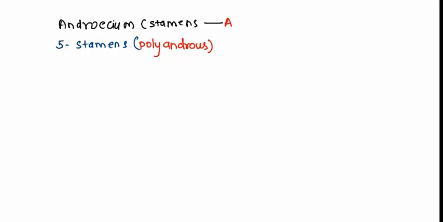In such a condition, it is represented as A having 5 at the bottom. Next, if the stamens are 5 and all the stamens are fused, then it is represented as capital A having 5 at the base, but with a bracket. The bracket represents the joined stamens.